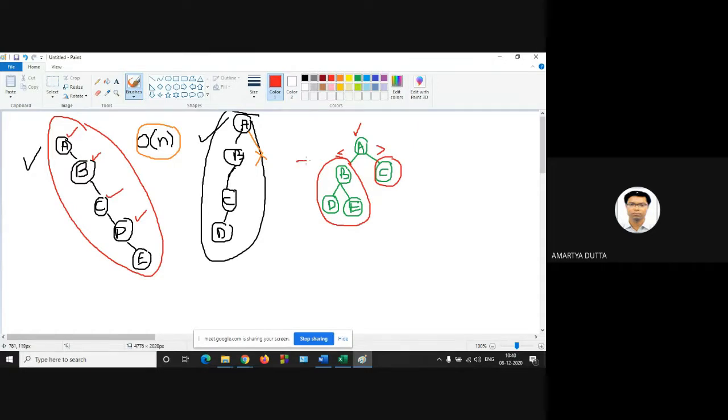Now let this be the height of the left subtree of root A. If the tree is denoted as T, then it is denoted h of TL, the height of the left subtree, and let this be the height of the right subtree. Are you getting my message?